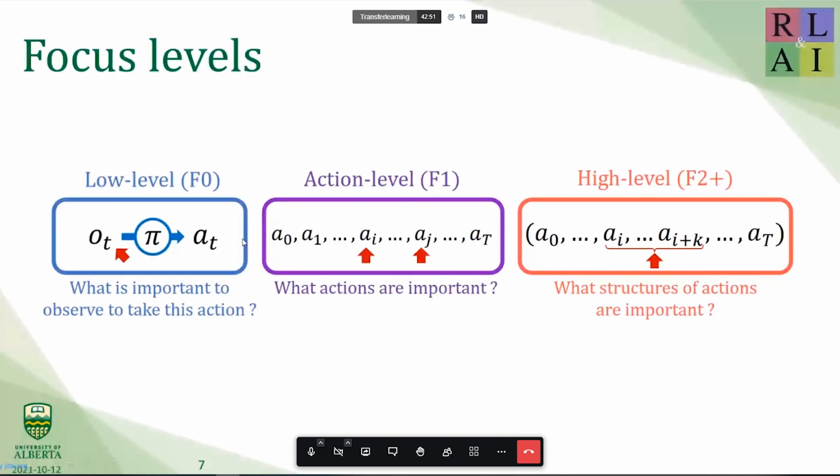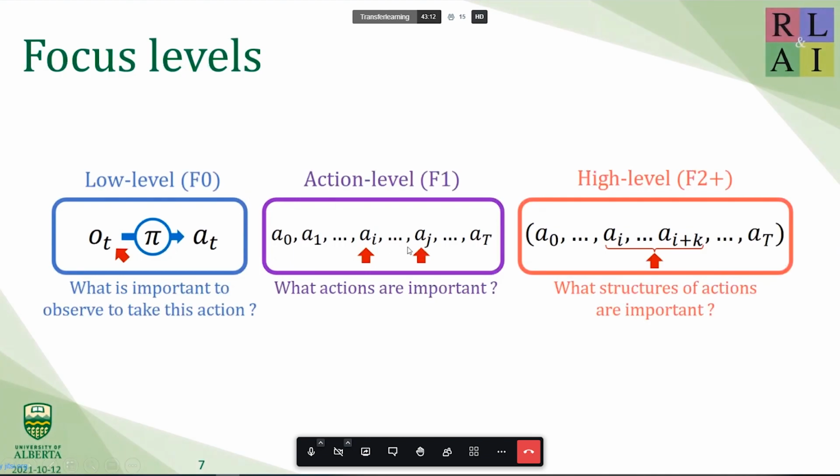This is explainability in deep learning. But this is not the only thing in reinforcement learning, because we do not take only one action. Actions are only part of a bigger plan, and there are higher levels of focus for what to transfer.